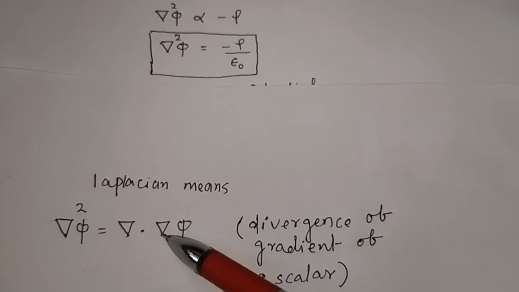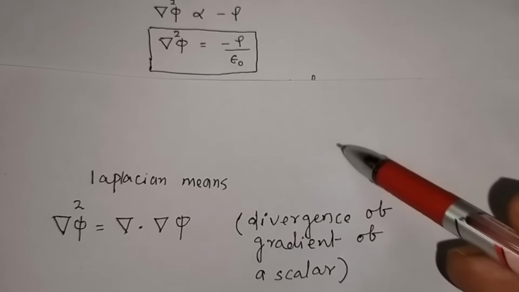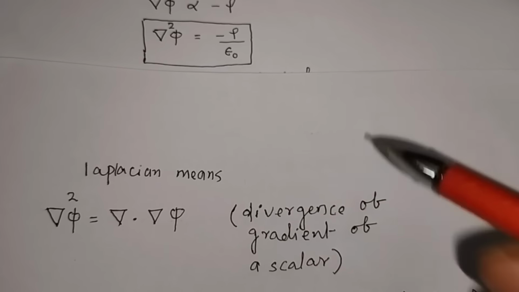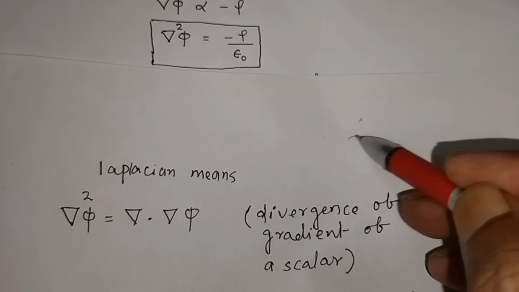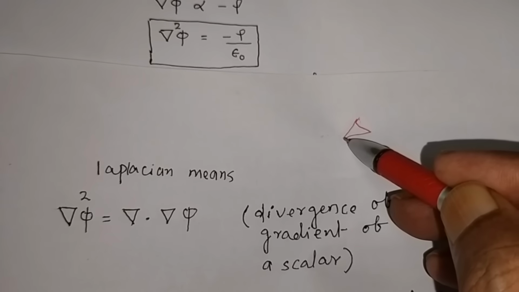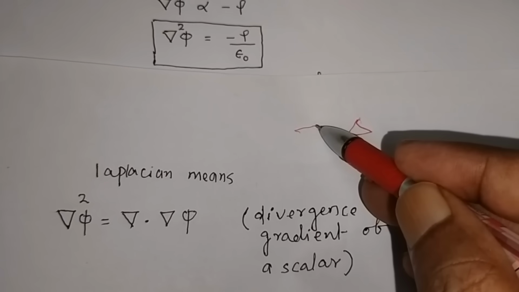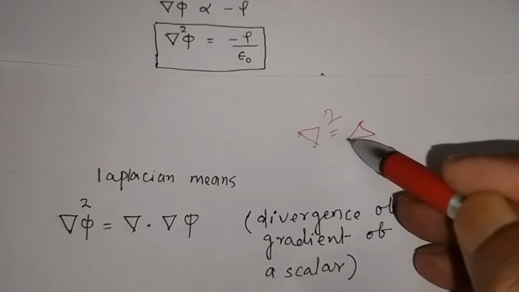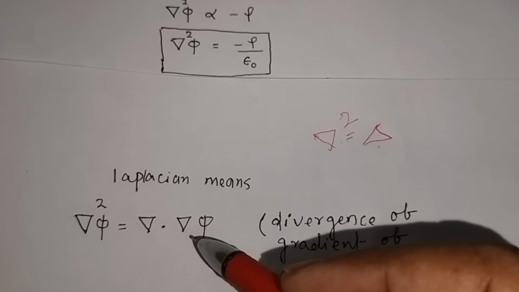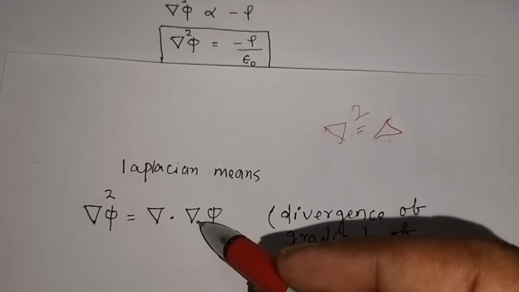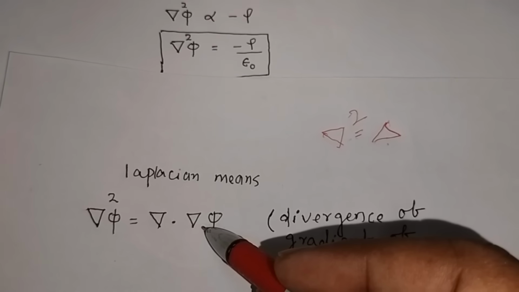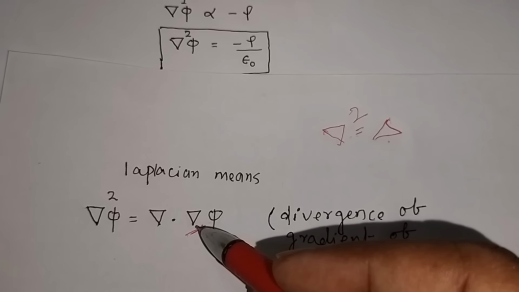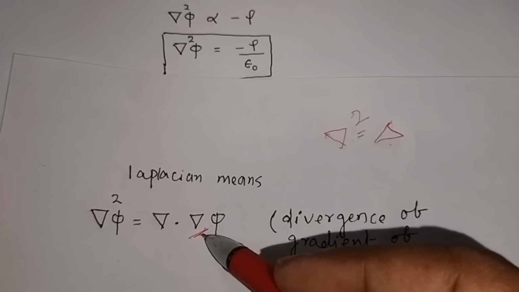or del square. Del dot del, you can write del square, or you may write it like capital delta. Either you may write del square, or that is equal to capital delta. And this is your i cap partial derivative with respect to x plus j cap partial derivative with respect to y plus k cap partial derivative with respect to z, the simple del operator.